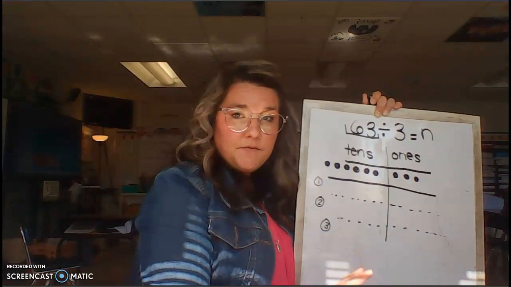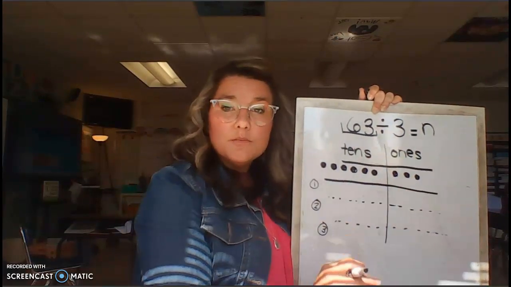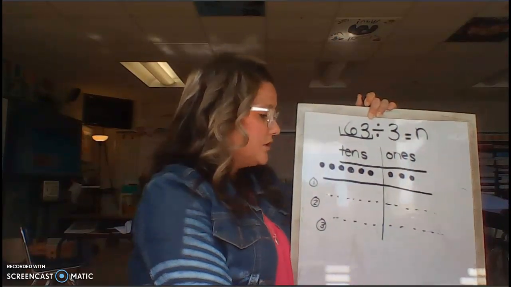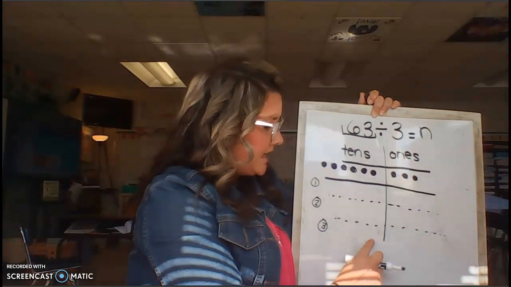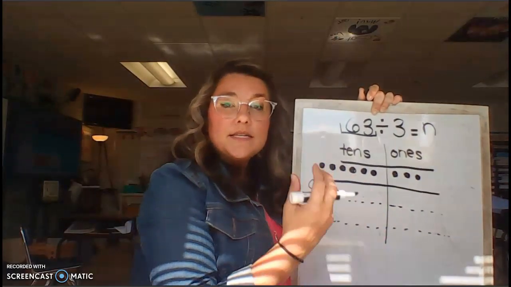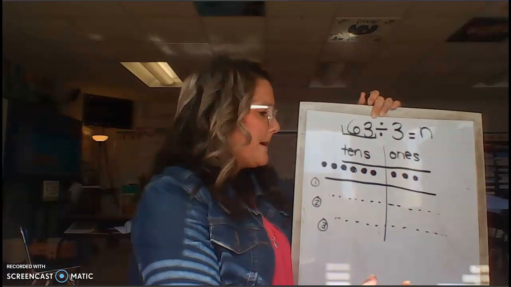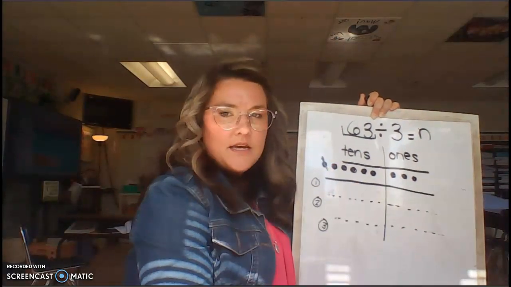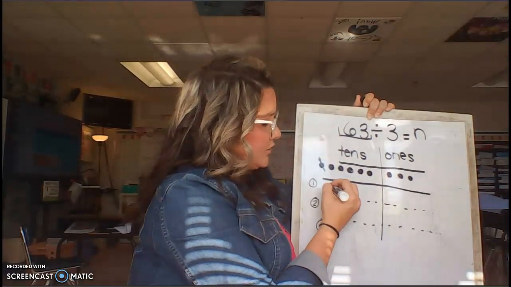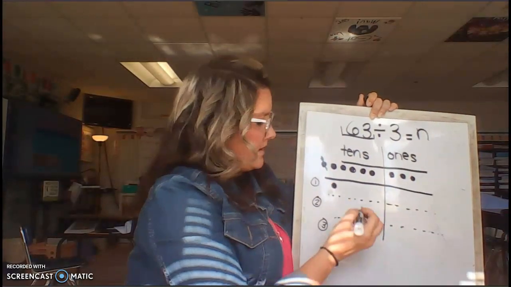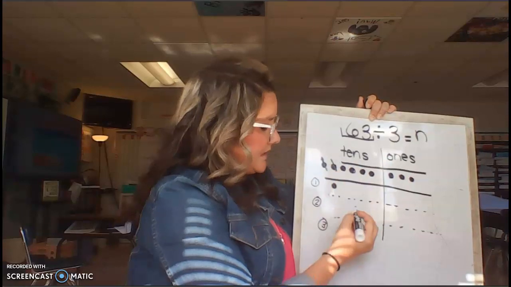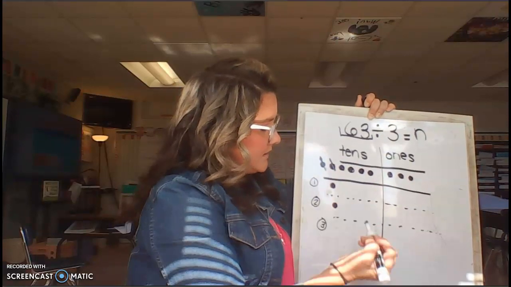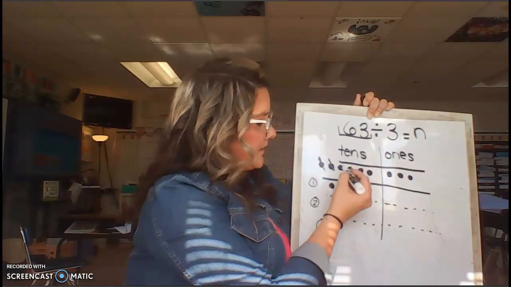So first things first, I'm going to distribute my tens. I'm going to make sure that each group gets the same amount of tens. Okay? So I'm going to cross out this 10 here and give it to group 1. I'm going to do the same with this 10 here and give it to that second group.